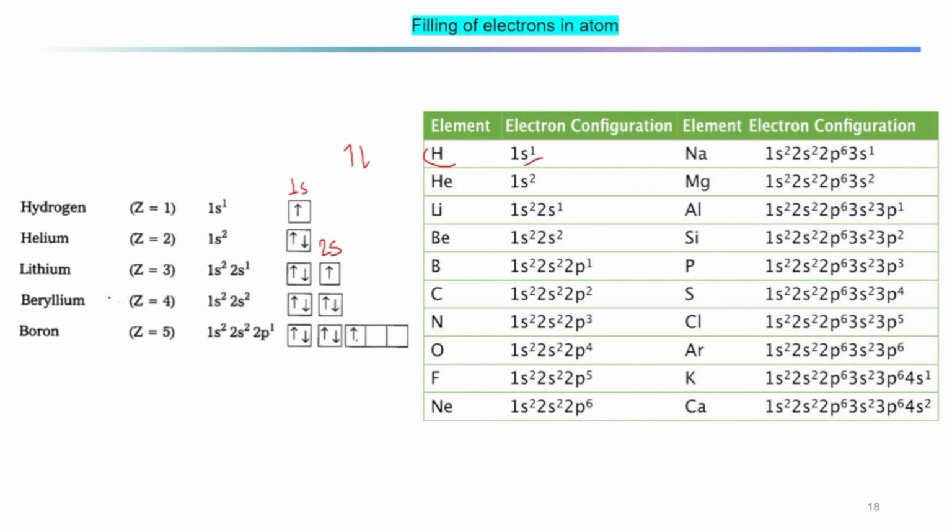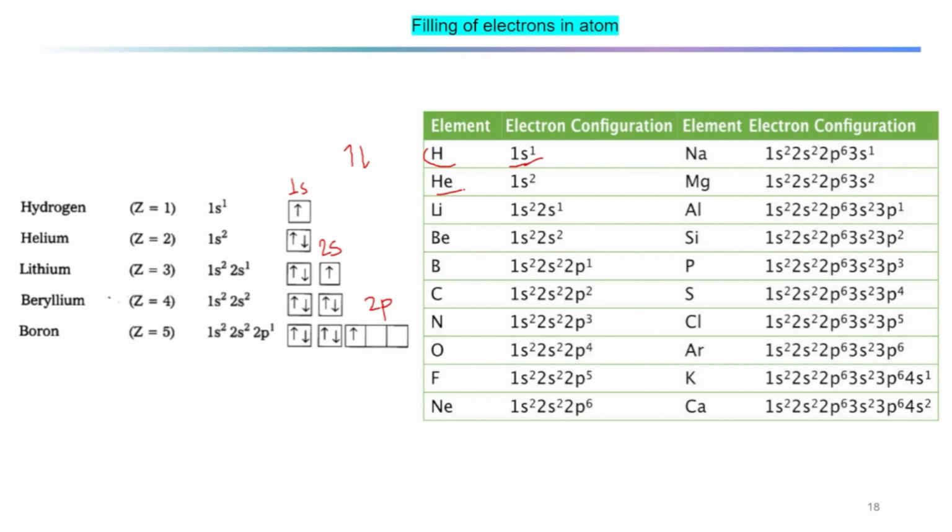In case of boron, we add another electron in the 2p, which has three orbitals, 2px, 2py, 2pz, and in total it can accommodate 6 electrons. So let's see, in case of hydrogen, the electronic configuration is 1s1.